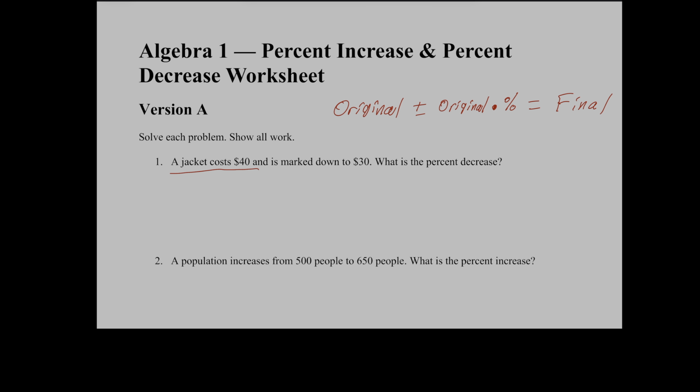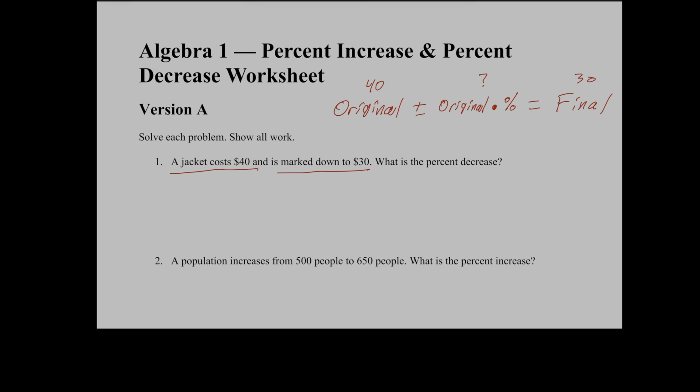A jacket costs $40. It starts there, and then it's marked down to 30. If we look at this formula, the 40 would be the original, and the 30 would be the final. What we don't know is the percent increase or decrease.